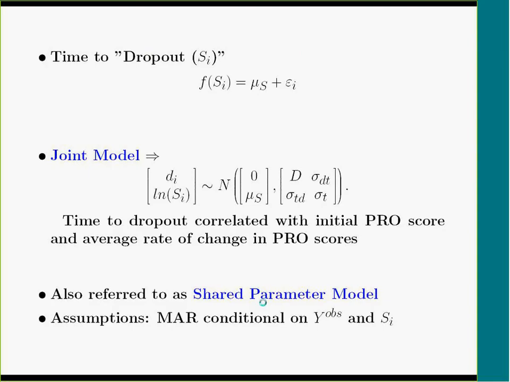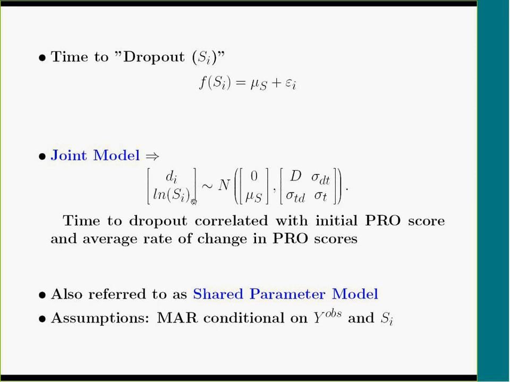And what we assume in this model is that those random effects are correlated with some function of either survival or dropout. In this case, I've used a log function, but there's a huge number of possible models.